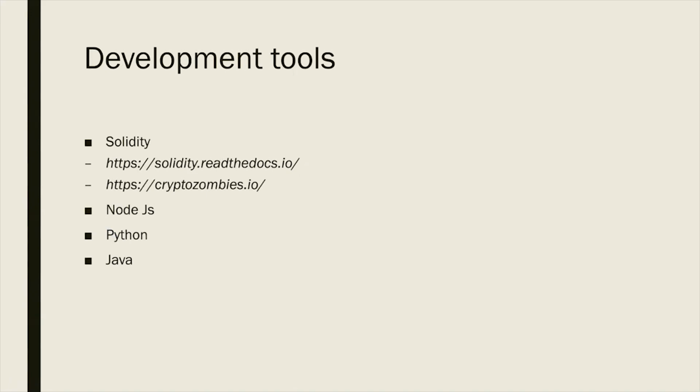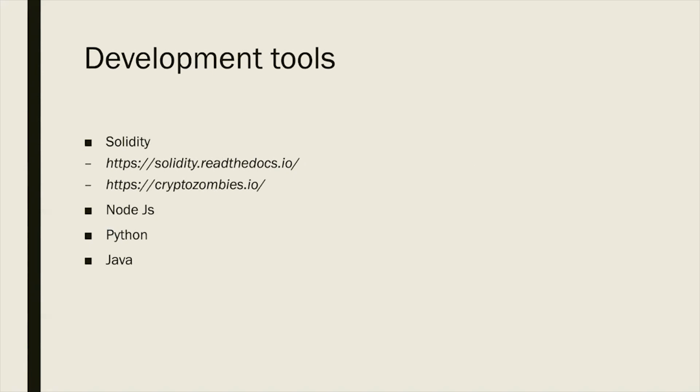There are a lot of useful resources there. One website we suggest is their documentation, solidity.readthedocs.io. There are also other websites with useful training material. One thing we suggest you visit is cryptozombies.io. It has some pretty interesting classes for junior developers to senior developers.